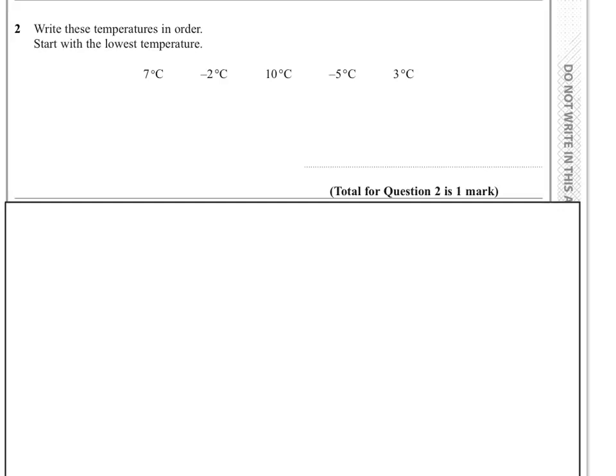Question 2. Write these temperatures in order. Start with the lowest temperature. Well, if we draw a number line, say going from -10 all the way through to say 10, then 0 is going to be here.